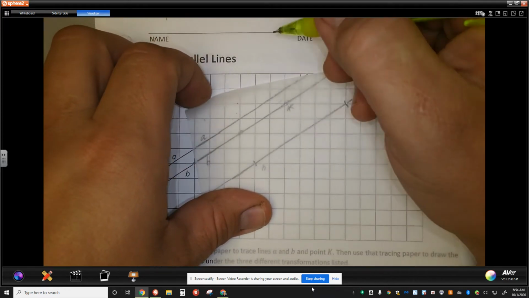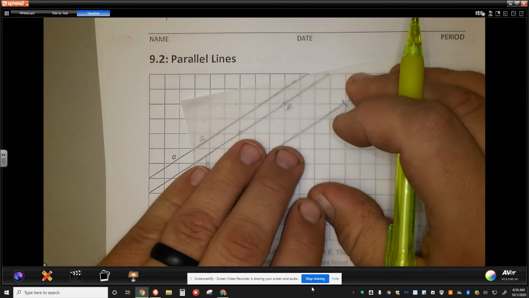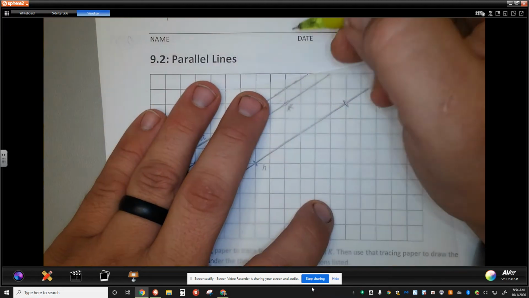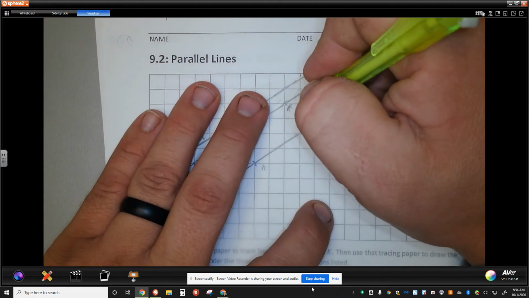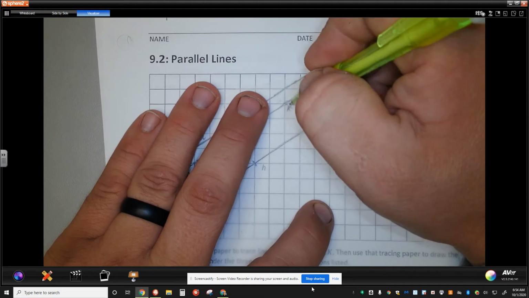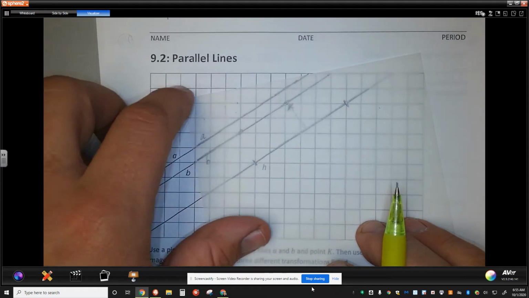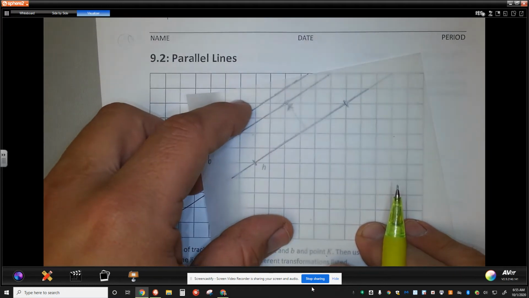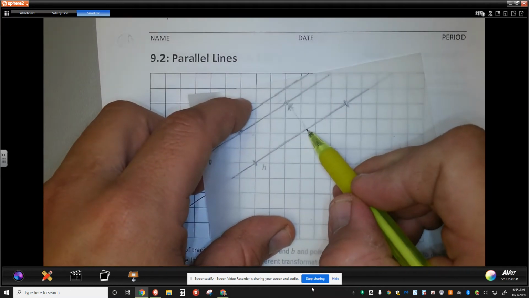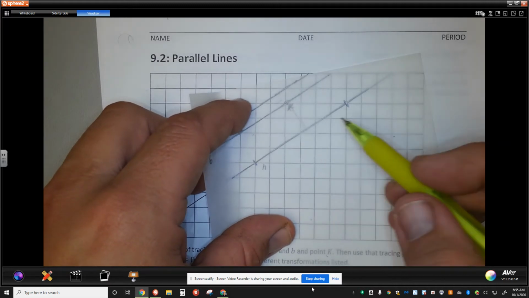So we're really going to pay attention to K. And if I do this right, a 90-degree reflection should end up coming up. That little line that I just sketched in there should end up going in that exact same spot, just on the opposite side, pointing right at K.